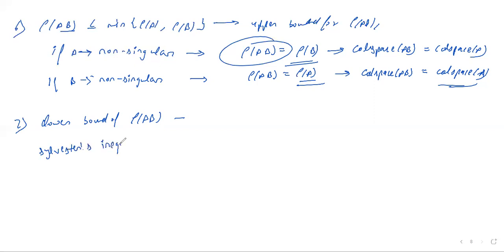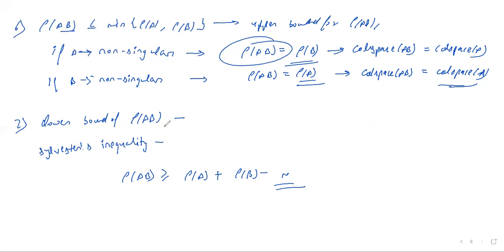By Sylvester's inequality, the rank of AB is greater than or equal to rank of A plus rank of B minus n. Okay, so this is the lower bound for rank of AB by Sylvester's inequality.